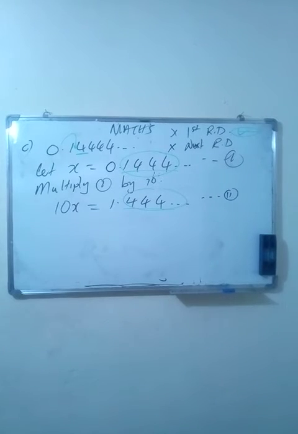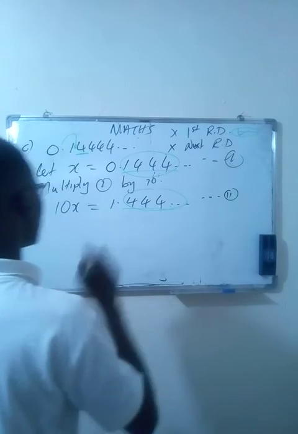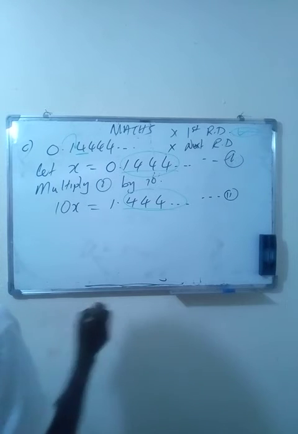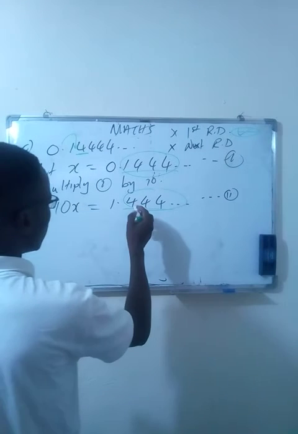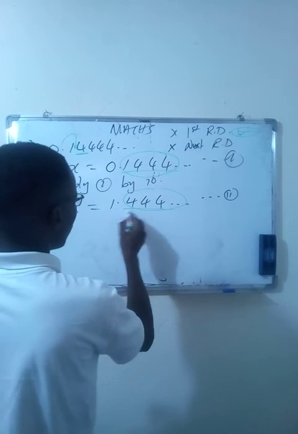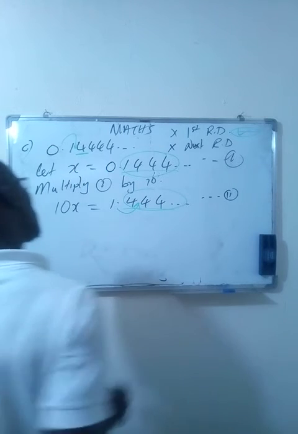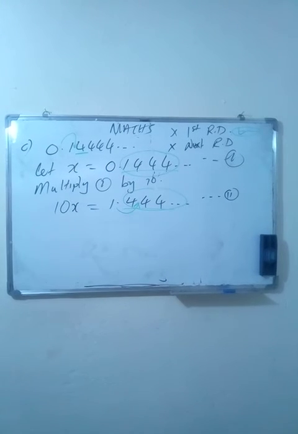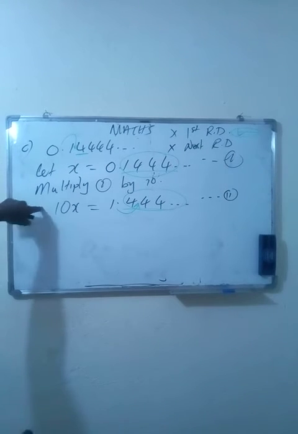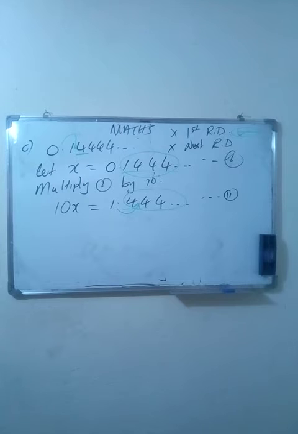Now let's have the decimal point at the next repeating decimal. So how do we move the decimal point to the next repeating decimal here? Again, we can multiply equation 2 by 10.